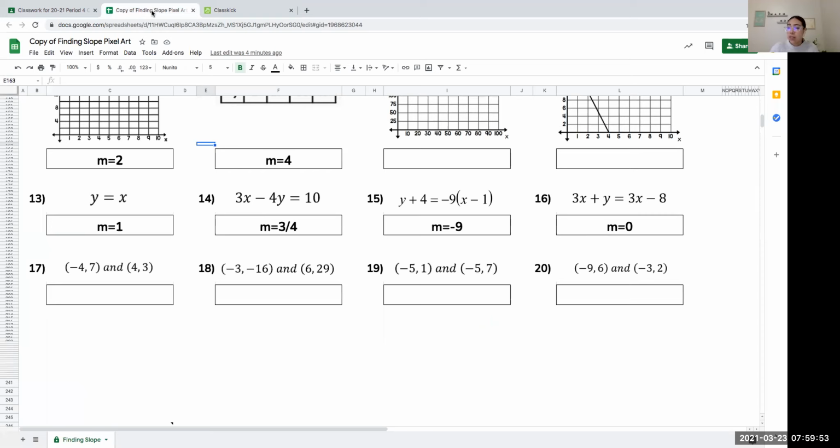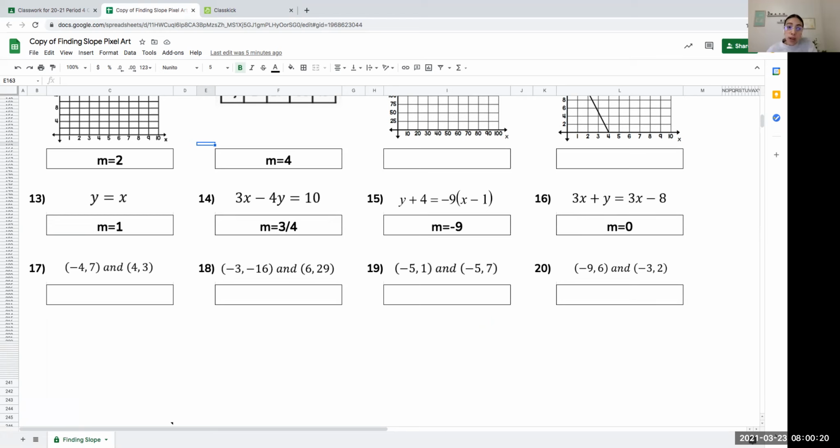For 17, let me let you know here. If we do get an undefined slope, we should be typing in m equals undefined. But we checked some in your pixel art, and some of these are not accepting undefined for some reason.